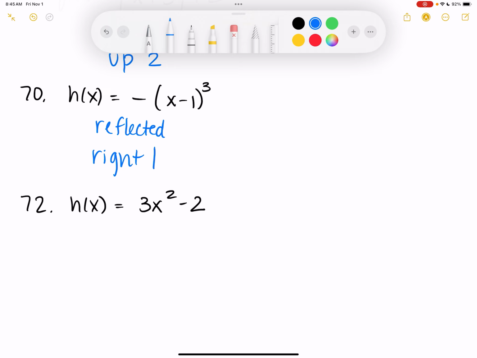Is that greater than 1 or less than 1? Greater. So which thing is that? Stretched or compressed? Stretched. Yep, stretched. It's greater than 1. What about this minus 2 out here? Down 2. Yep, good. Down 2. So there's no parentheses, so that tells you that it's moving either up or down. In this case, it's down.